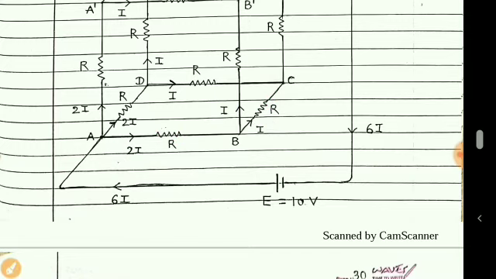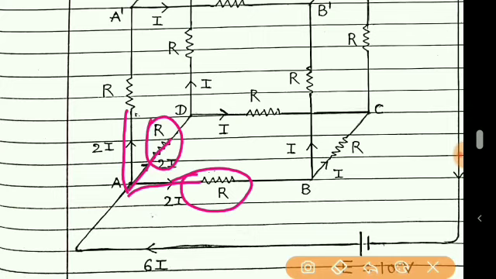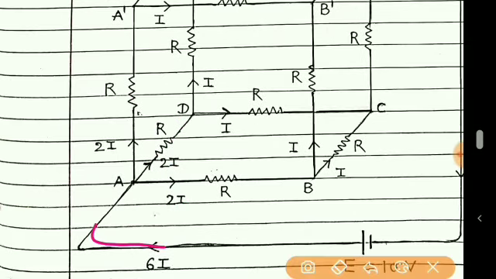Now students, here the current divides equally in these 3 branches. It is because you can see some symmetry here. Here also resistors are, here also resistors are, and here also are the same resistance. And if we move in this direction, then also we get some symmetry. If we move here, then also it divides into two.